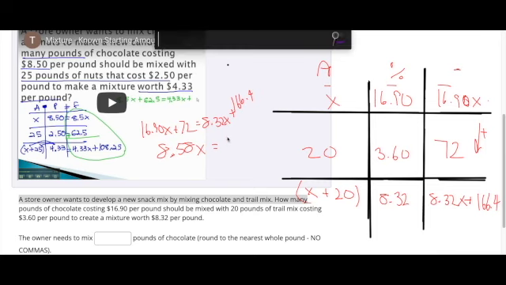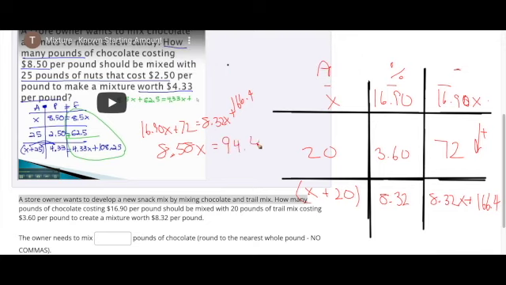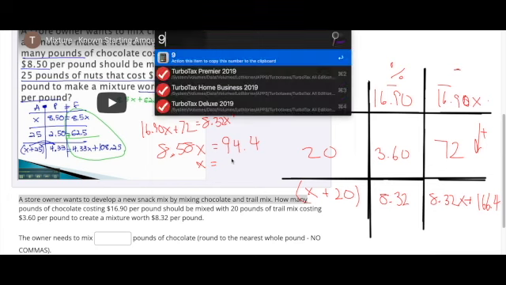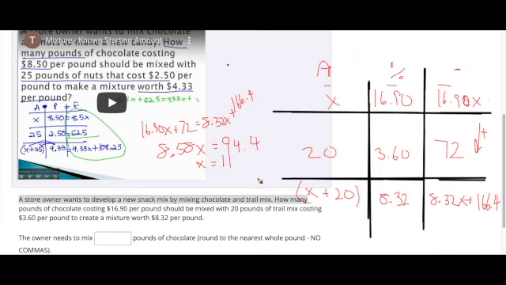So that's going to be 166.4 minus 72. And that's going to give me 94.4. Obviously, the next step is going to be to divide out. So 94.4 divided by 8.58 will give me 11 pounds. So x is equal to 11 pounds.